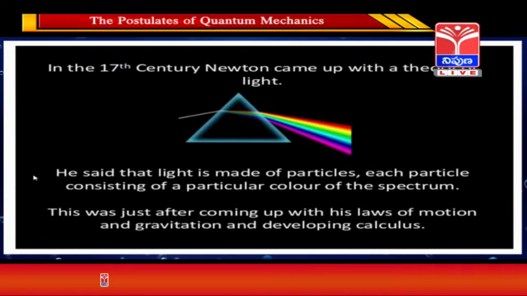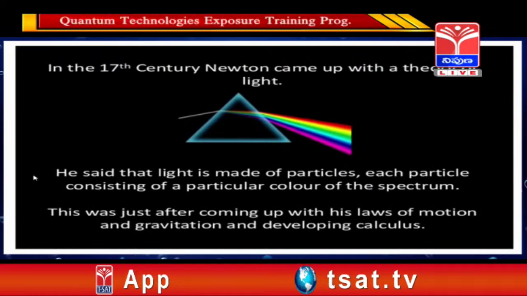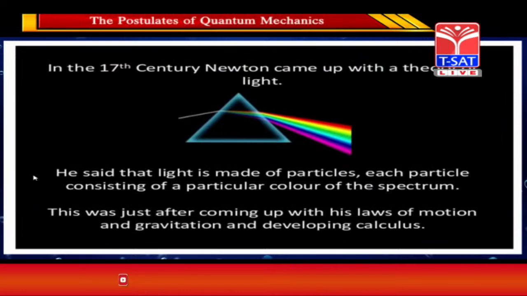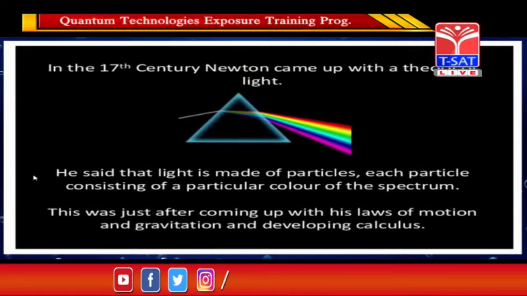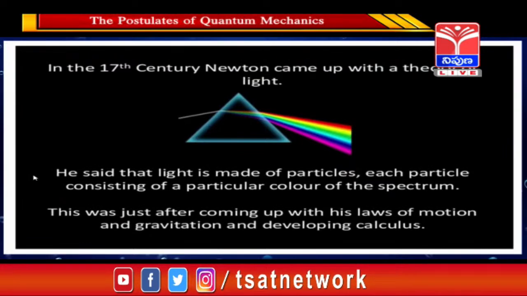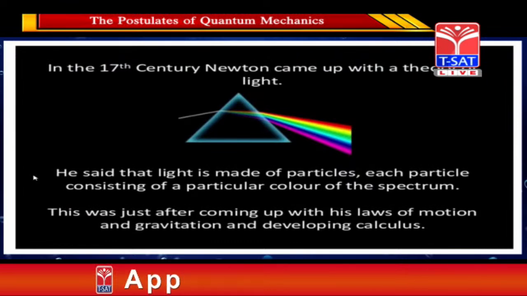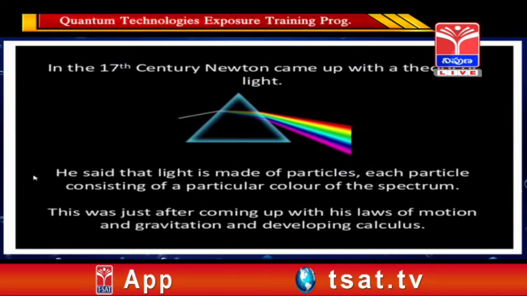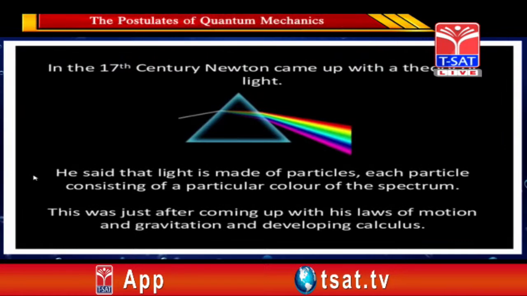He gave us the theory of mechanics, the spectrum. So we know that light can be divided into 7 main colors.